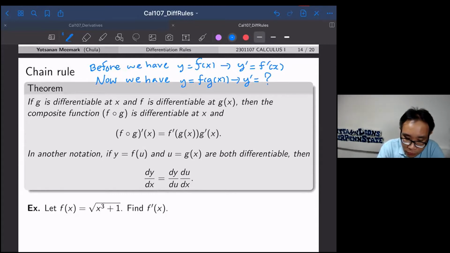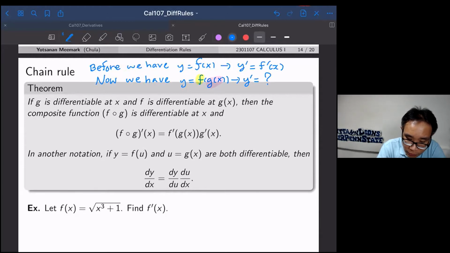So for the chain rule, we're going to call the functions g and f. So we have f of g of x.